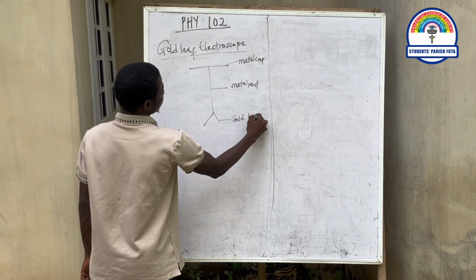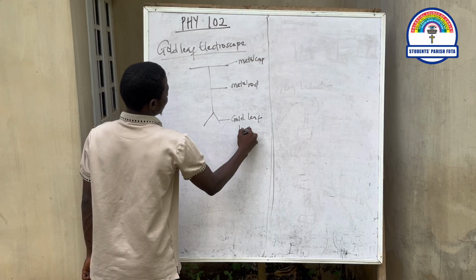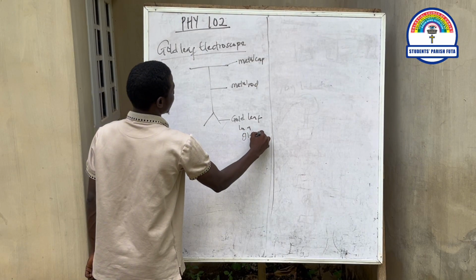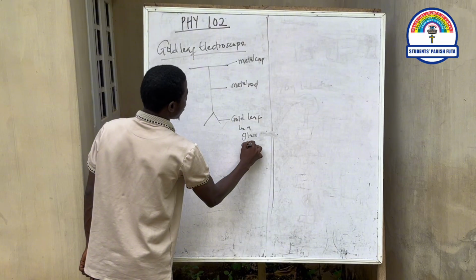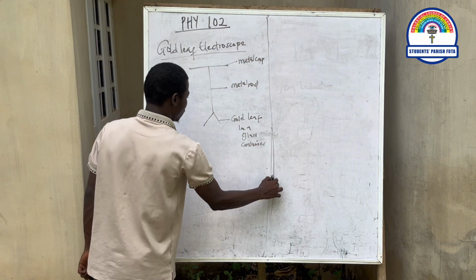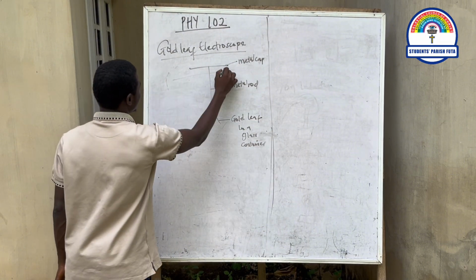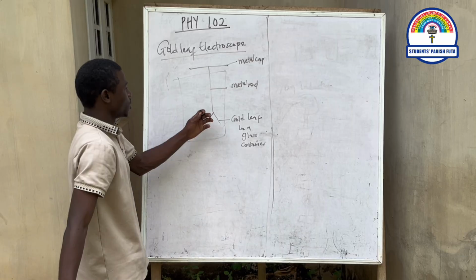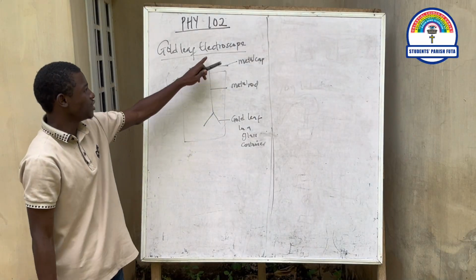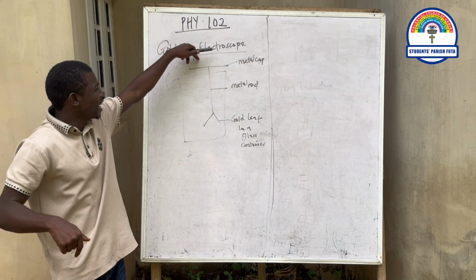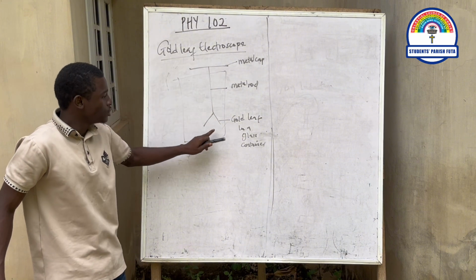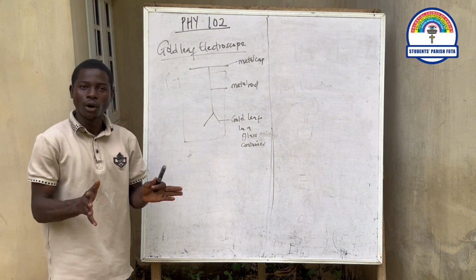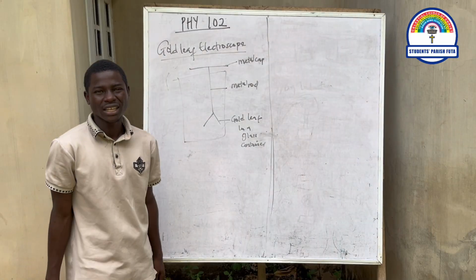This is the leaf in a glass container. So this is just a simple way of demonstrating or drawing the gold leaf. As you have a metal cap where the object you want to test for is placed, then the metal rod that carries the charges to the leaf, and this leaf tells you what type of charge it is.